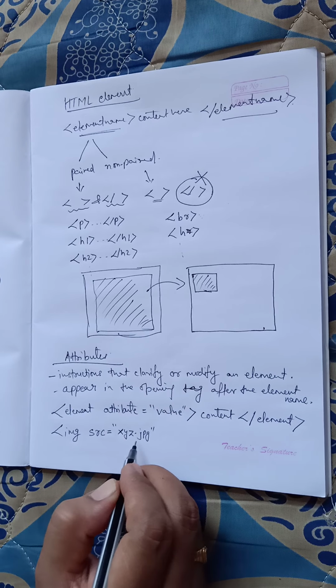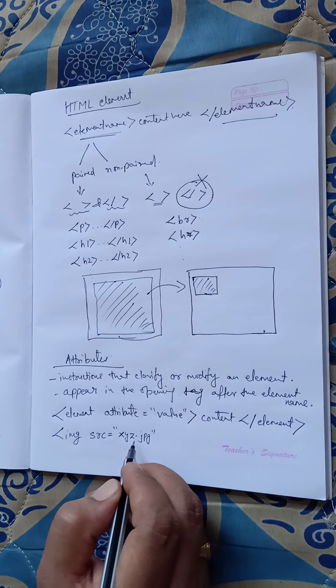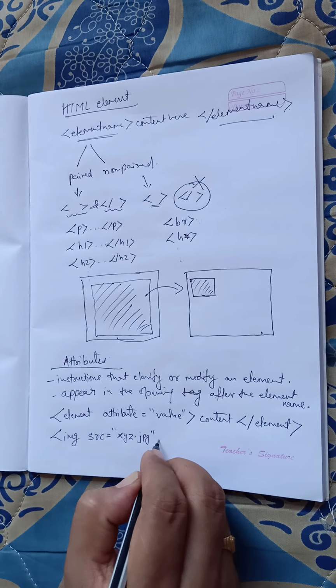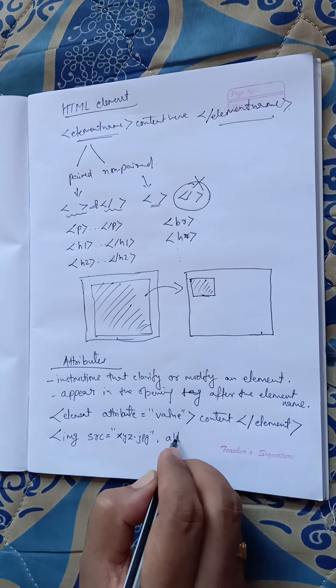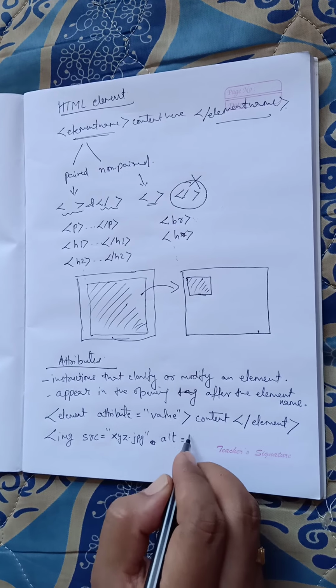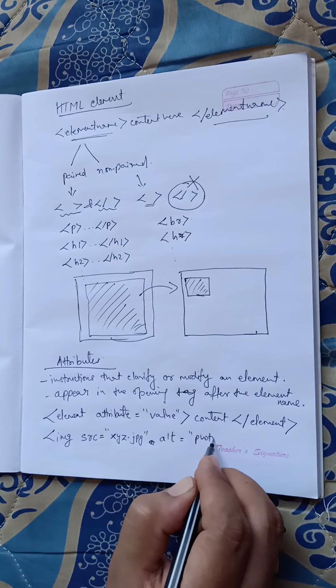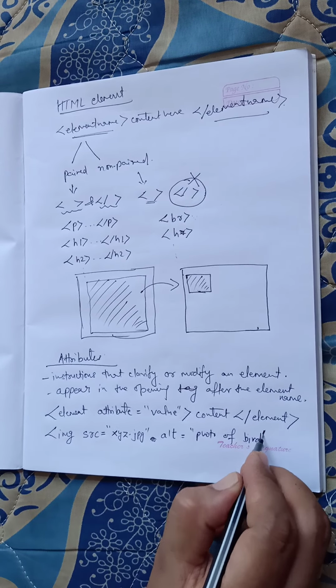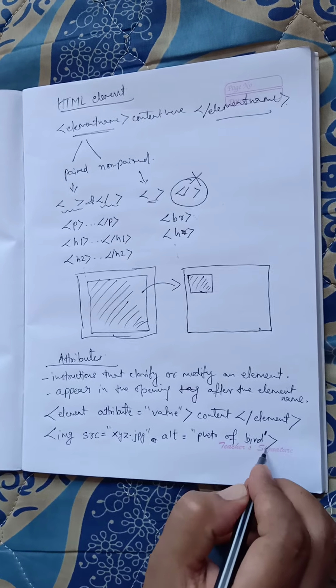This is my image file which I want to display, and it is mentioned in source. Then I'm mentioning another attribute, alt, with the text photo of bird, suppose.